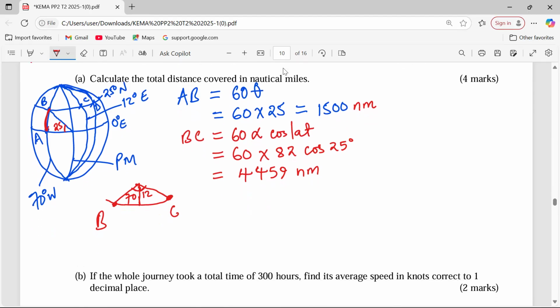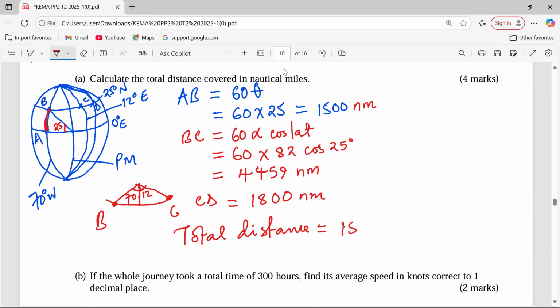Now we are having a further movement from C all the way to D. The distance is already provided in nautical miles. So the total distance moved shall be the addition now.